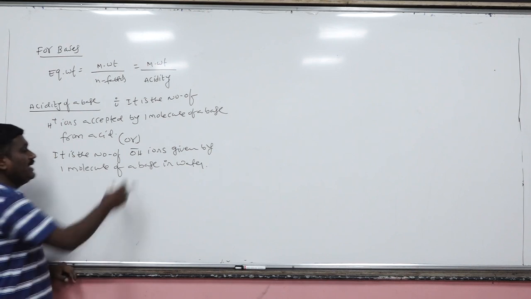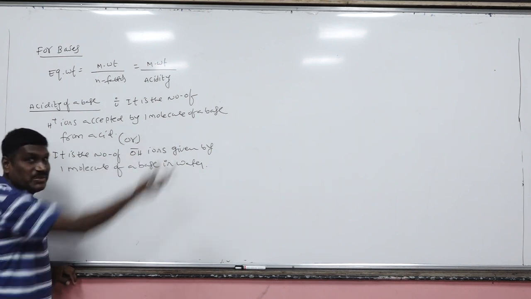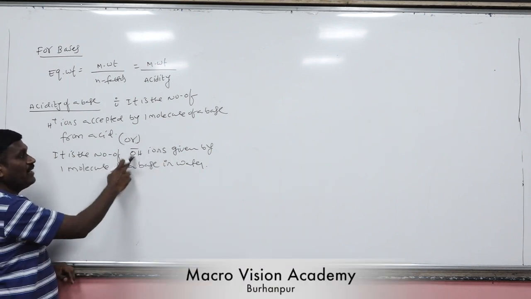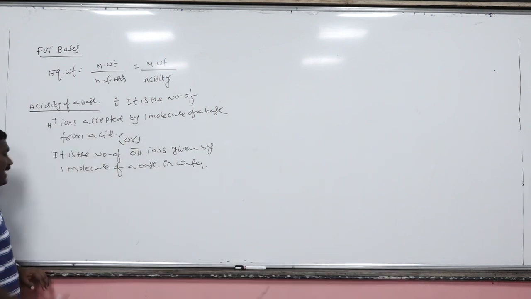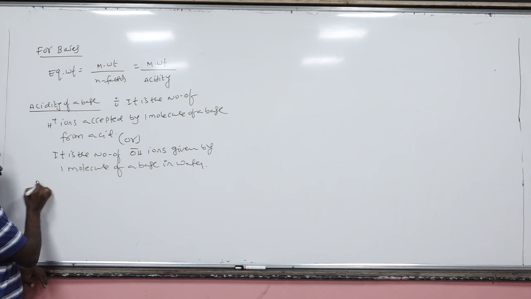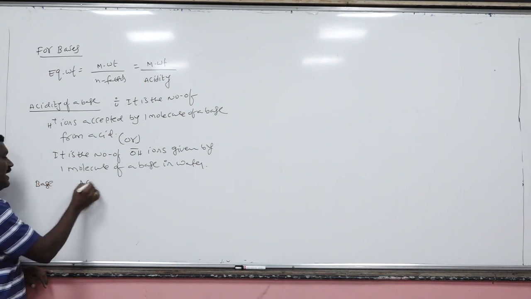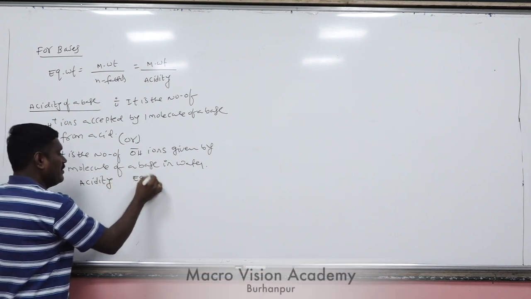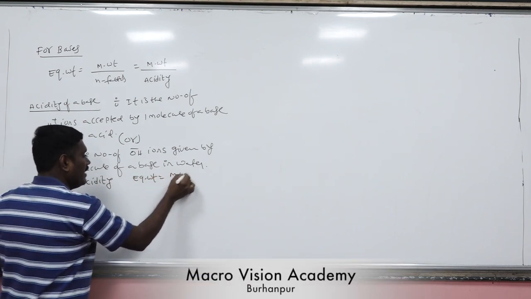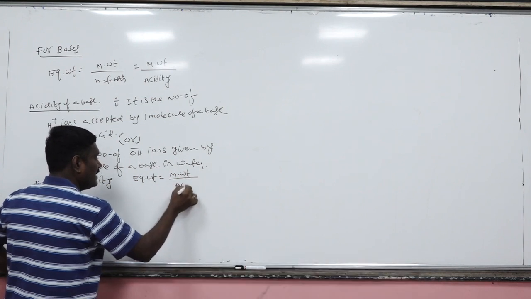That means how many OH minus ions it is giving to the acid is called acidity. Let's suppose I have a base; the corresponding n factor is called acidity. Now equivalent weight is equal to what? Molecular weight upon acidity, that is the n factor.